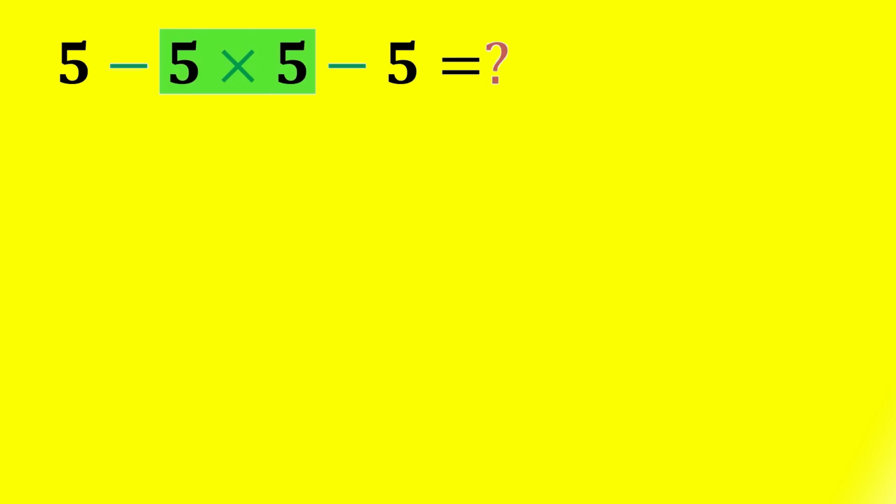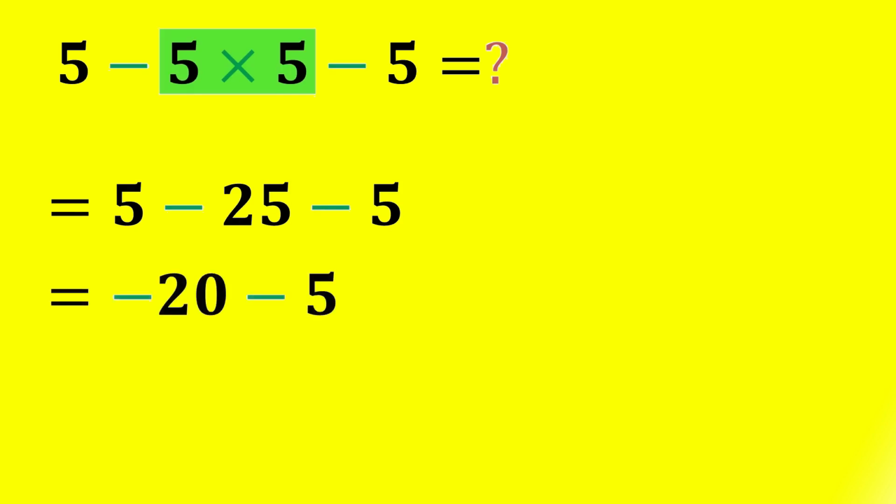So here, we first multiply 5 times 5. That gives 25. Now our expression becomes 5 minus 25 minus 5. Let's move from left to right. 5 minus 25 equals negative 20. Then, negative 20 minus 5 equals negative 25. So, the correct answer is negative 25.